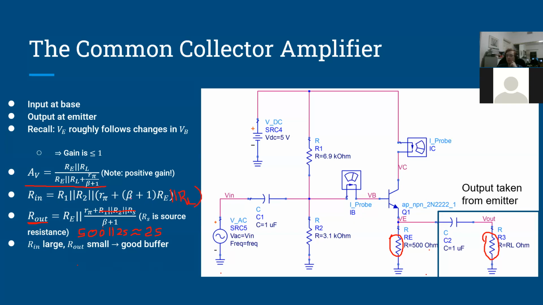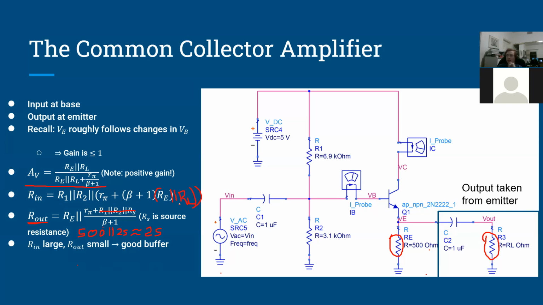So what effect does this have? Remember, last time R pi was kind of our limiting factor because we can make R1 and R2 big. R pi in this case was 2.5 kiloohms. And now we've added a beta plus 1 times RE in parallel with RL. It really depends on the situation, but let's say it's somewhere around 50 ohms or 100 ohms.